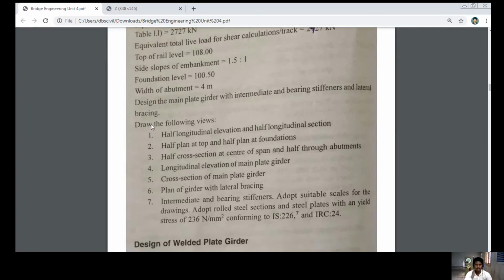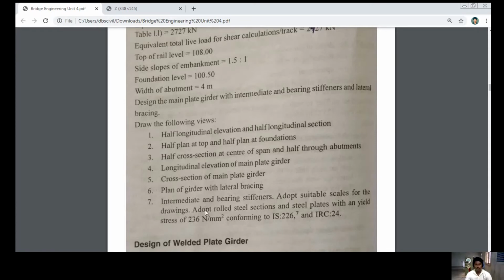They are asking us to draw the following: half longitudinal elevation, half plan at top and half plan at foundations, half cross section at center of span and half through abutments. Longitudinal elevation of main plate, cross section of main plate girder, plan of girder with lateral bracing, intermediate and bearing stiffeners. Scales for the drawing.